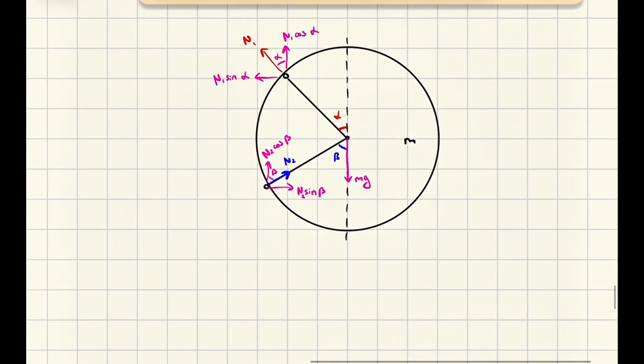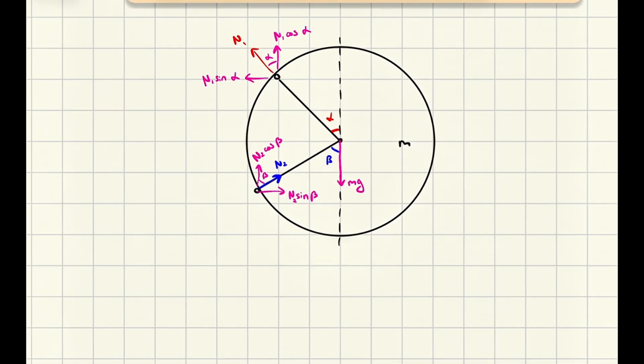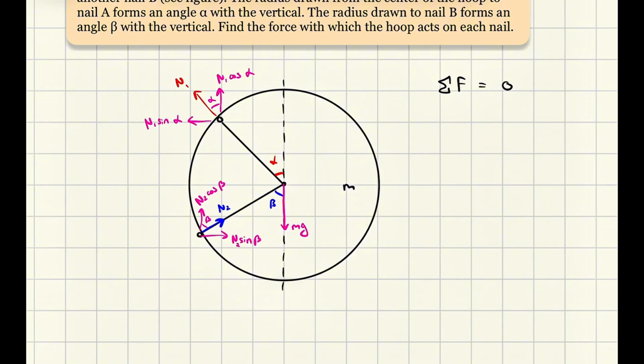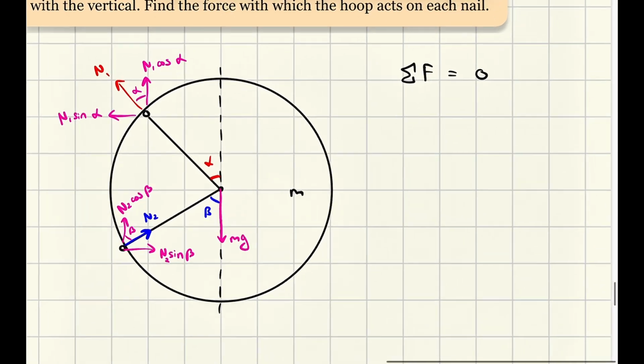Right now we can just write a simple dynamics. We know that this thing is not moving, that's why the sum of forces, no matter if horizontal or vertical, is equal to 0, because it's not moving in any direction. In the vertical direction, N1 cosine alpha and N2 cosine beta are trying to move this thing upward, but mg is working against them.